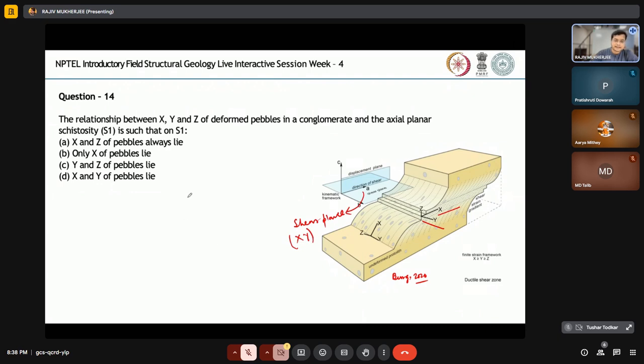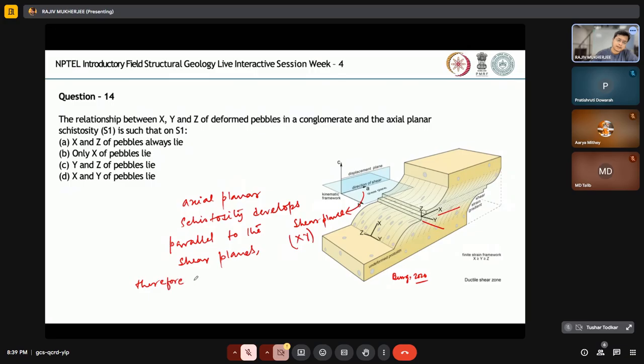right? And since axial planar cleavage develops parallel to shear planes, therefore the foliations, the S1 planes, are the shear planes.